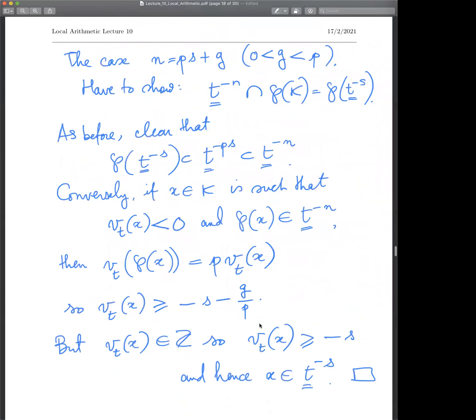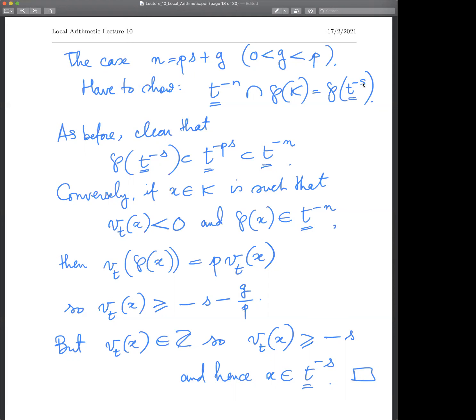Now let's consider the case when n is prime to p and write n as ps plus g, where g is strictly between 0 and p. And we have to show that t to the minus n intersected with pk is p of t to the minus s.